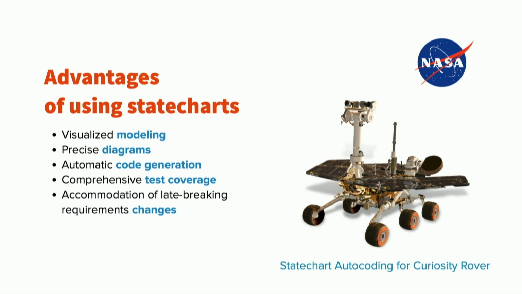It provided comprehensive test coverage, which meant that no matter what happened, they were able to predict any possible situation that this rover can be in. And also, late-breaking requirements and changes were automatically adapted in that, like when someone made a change or when someone requested a new feature or some changed behavior, they were able to see which parts of the model were going to change as a result.